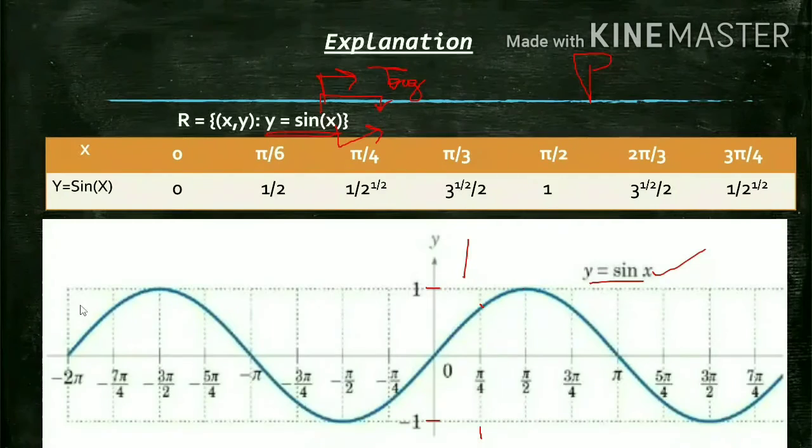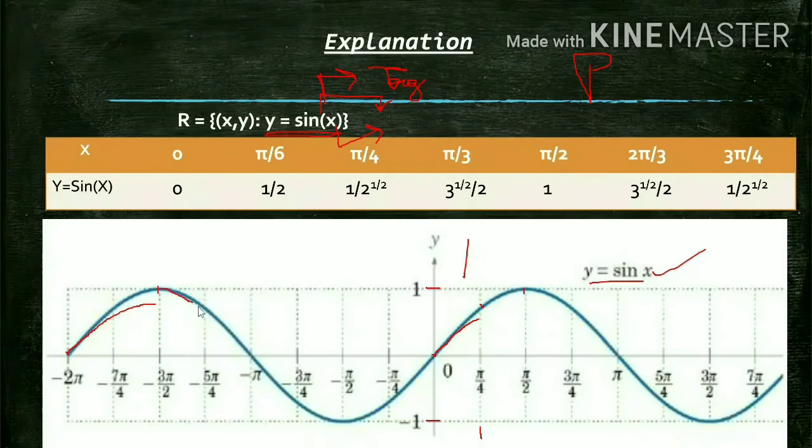Similarly, for the sine function, you can see at minus 2 pi and at 0, it has the value 0. As I increase the value of x, it traces the same curve from 0 as well and reaches the maximum at minus 3 pi by 2 and also at pi by 2.